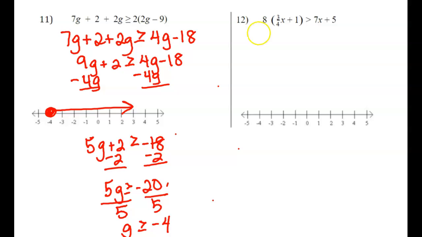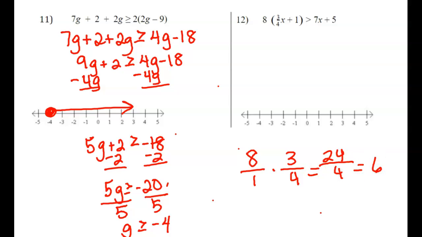All right, number 12. When I distribute my 8 times 3/4, reminder how we do fractions. You just multiply the numerator, you multiply the denominator, and that's how we get 6. So this is going to be 6x plus 8 is greater than 7x plus 5. I'm going to subtract 7x from both sides.